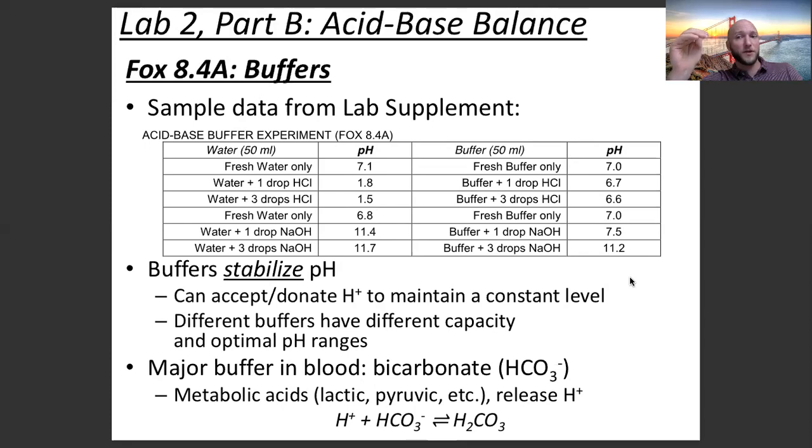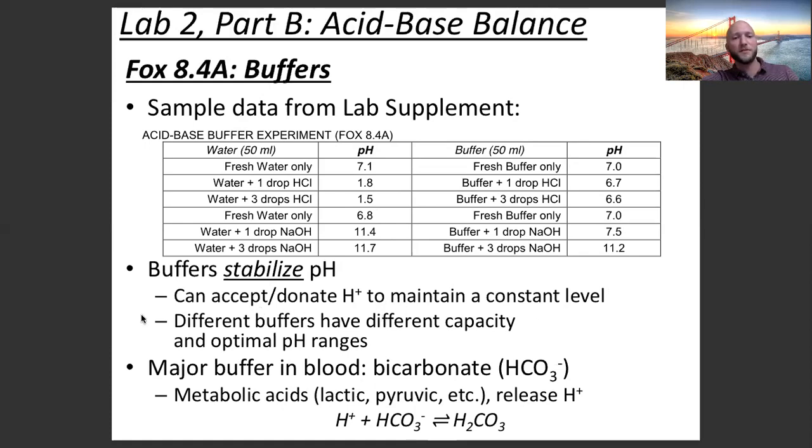Have some buffers in your blood. Your blood has a lot of buffers in it, which will help resist the change in pH, help minimize any deviation away from the set point of 7.4 for your blood pH.